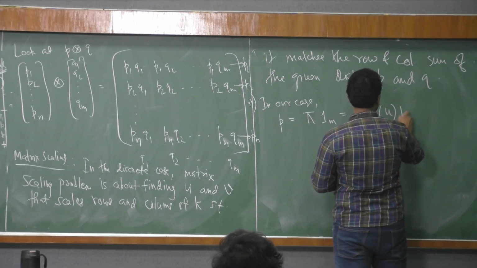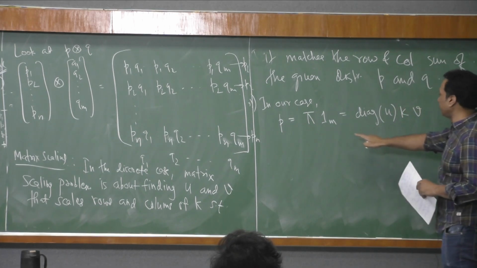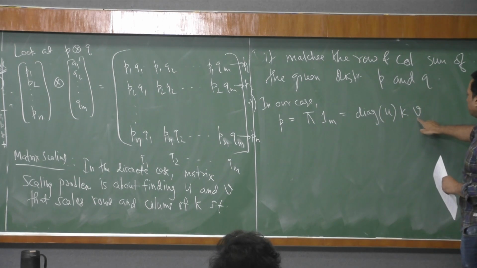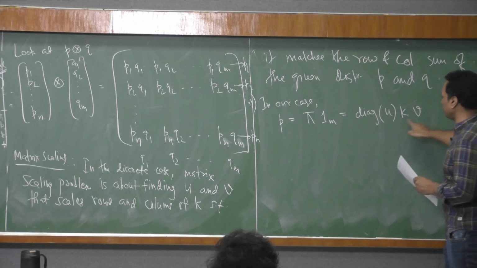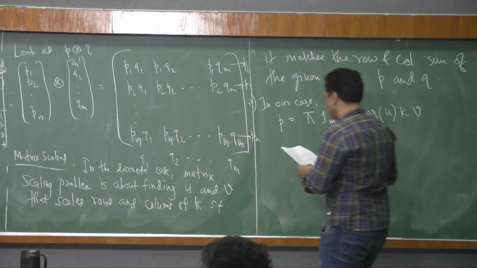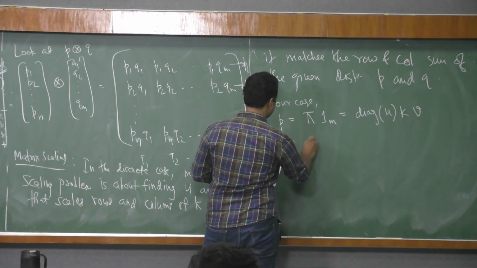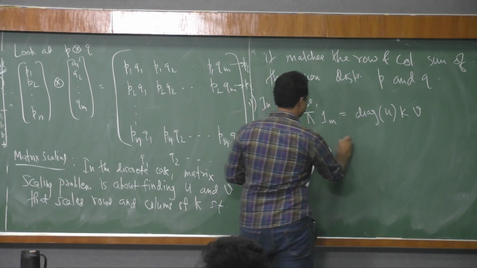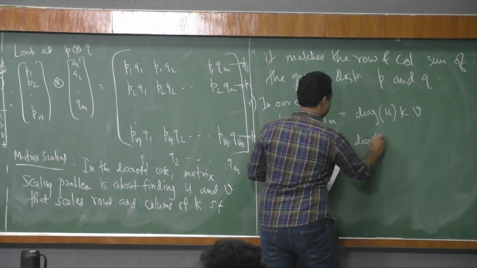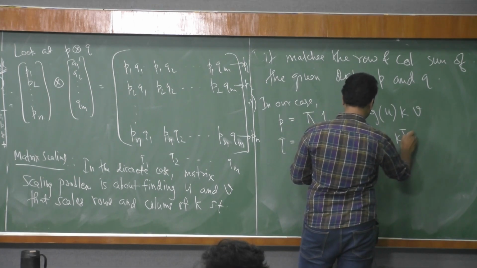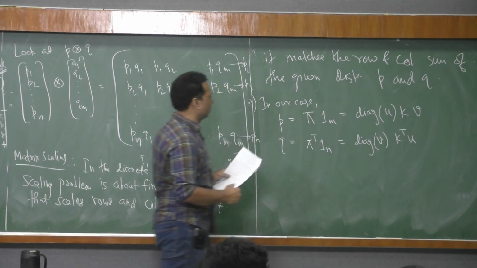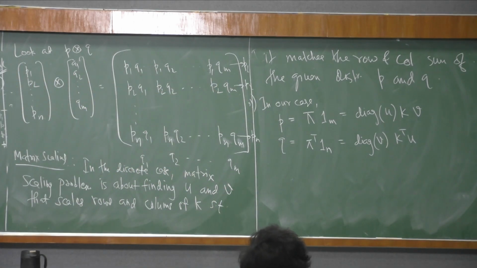So U K V. Since I multiplied by ones on the right, this became a vector, so this is no longer a diag of V. That's the change because of multiplying by 1m. And then q is pi transpose 1n, which is diag(V) K transpose U. That's the effect of multiplying with the transpose: because I first did the transpose, diag(U) went to the right, we had K transpose, and V came in front. Now diag(U) changed to U after multiplying by 1n.